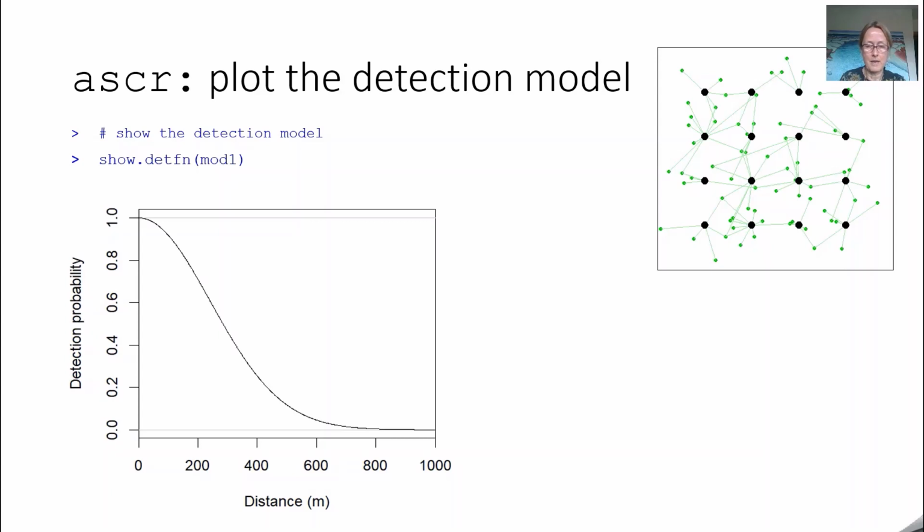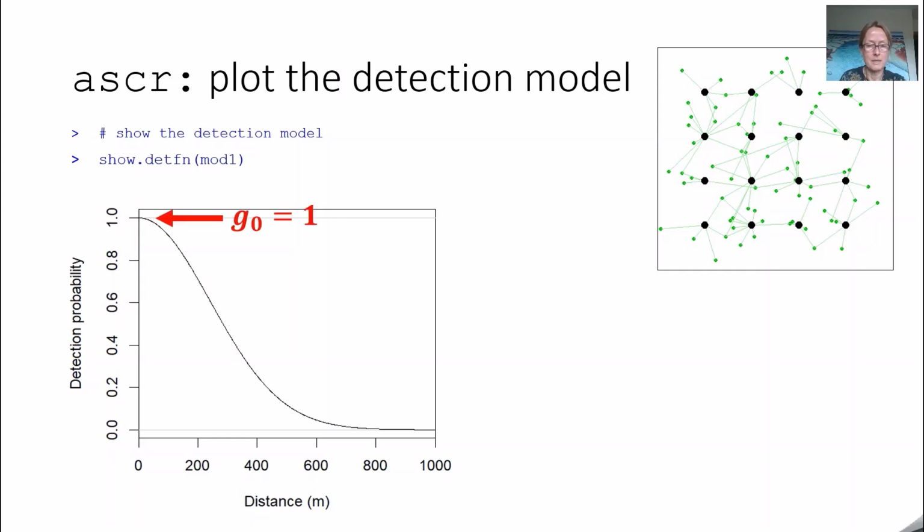This might seem a bit abstract, but it's actually a good exercise to do this as a biologist, because with the knowledge you have being a biologist and what you know about your species, you can check whether the model actually makes sense biologically. So let's have a look at what the plot tells me.